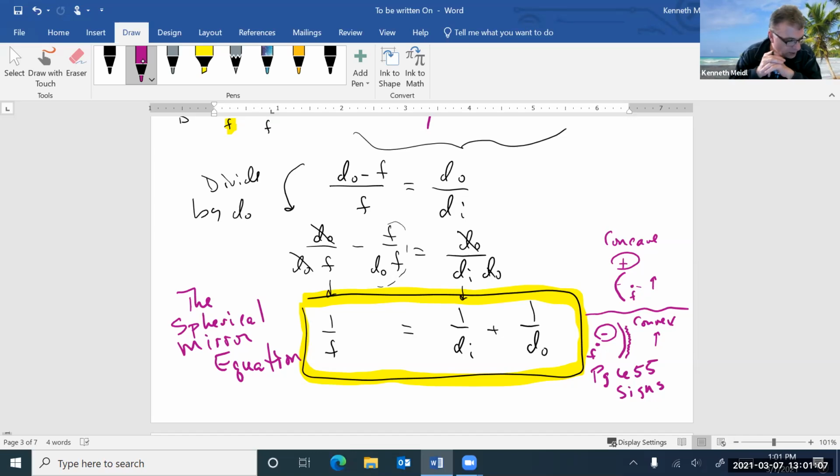So he says, when the object, image, or focal point is on the reflecting side of the mirror, like it is with the concave mirror, the corresponding distance is positive. If any of these points is behind the mirror, the corresponding distance is negative. The image height is positive if the image is upright, and it is negative if it's inverted relative to the object.